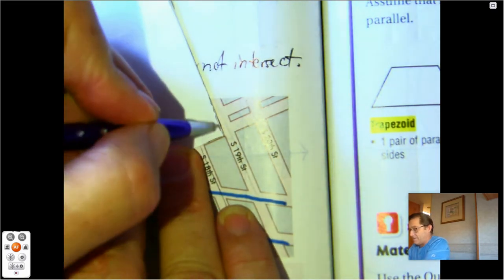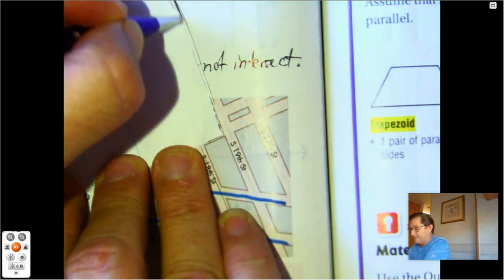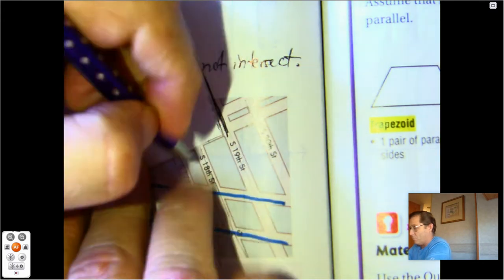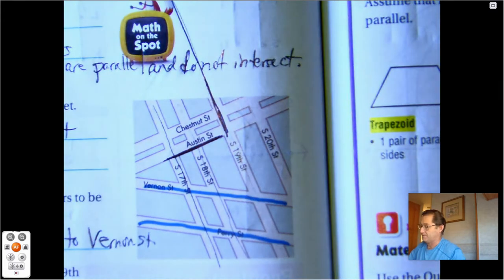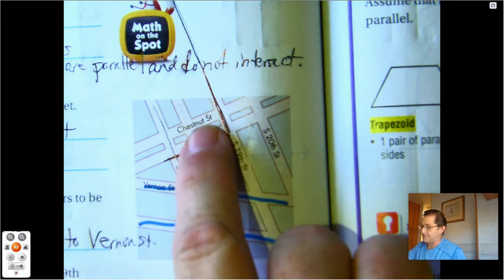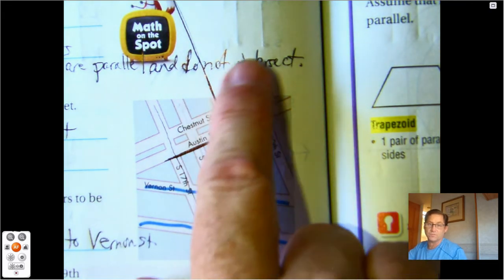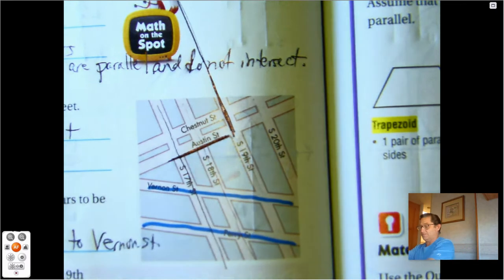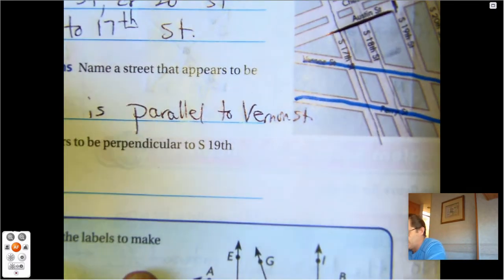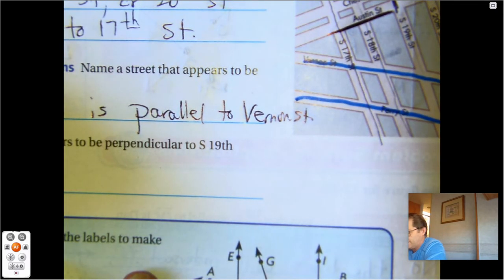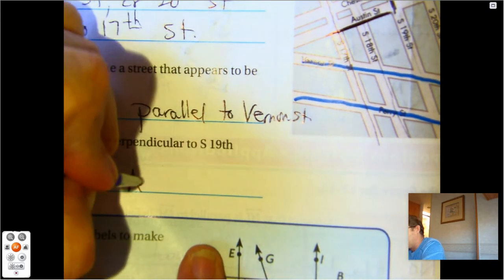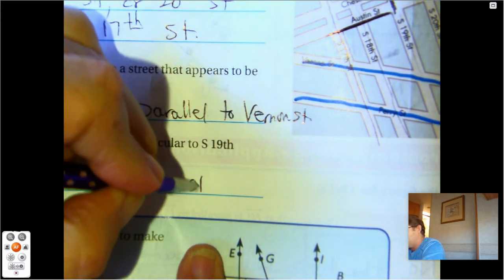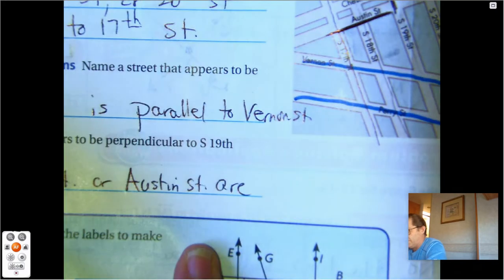All right, so this edge of my paper represents 19th Street, and I want a street that runs this direction. So that could be Chestnut or Austin. Both of those would form right angles. So Chestnut Street or Austin Street are perpendicular to 19th.